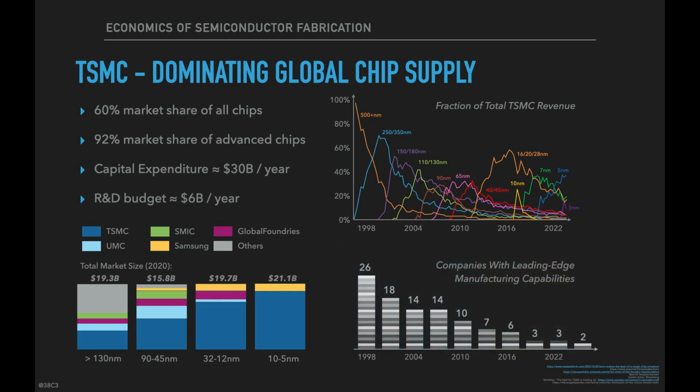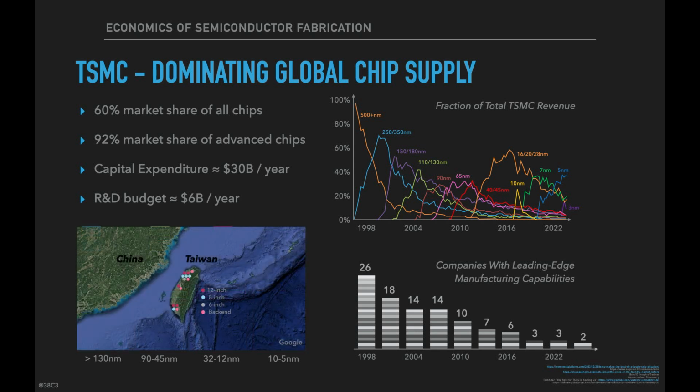And as I said before, because of this very fast pace and these huge capital investments, more and more companies gave up, and right now there are only Samsung and TSMC left with the newest nodes. Pretty much all of them, they have a factory in China and one in Arizona and also one in Japan, but most of their production is in Taiwan, all located on the West Coast.